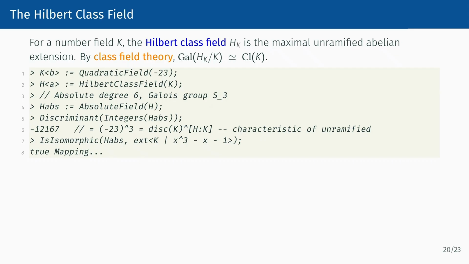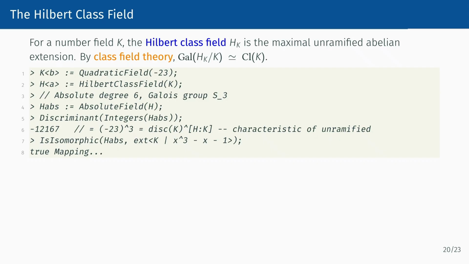And a more advanced topic known as class field theory, coming from many of the ideas that we talked about before, by Artin, tells you that the Galois group of this extension is isomorphic to the class group of the field. So here's an example. If you start with the quadratic field Q(square root -23), which we looked at before, and you compute its Hilbert class field, you get some field of degree 6.